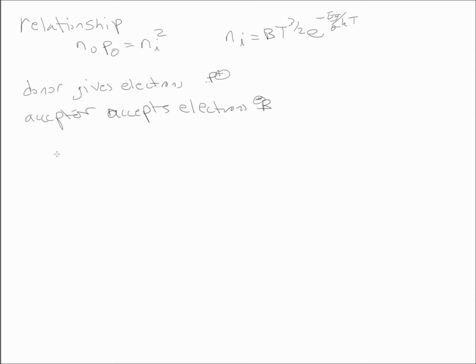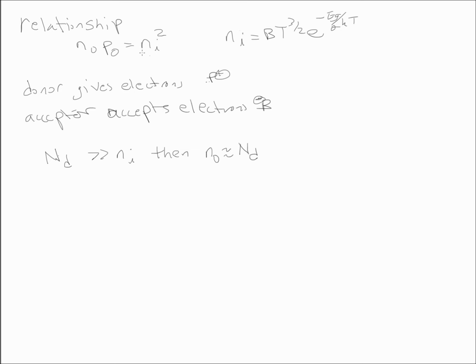And if you have a donor, and this is the concentration of your donor atoms, and it is much, much greater than your intrinsic concentration for that temperature, then since the donor gives an electron, your number of electrons is going to be approximately equal to your number of donors.